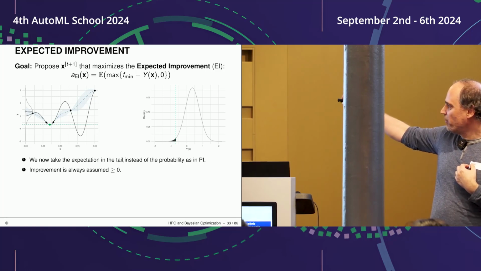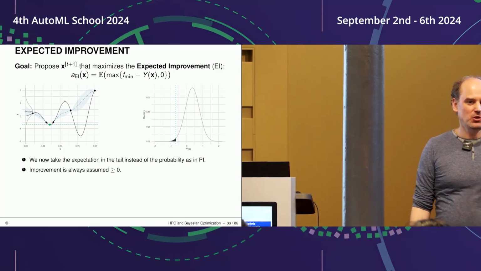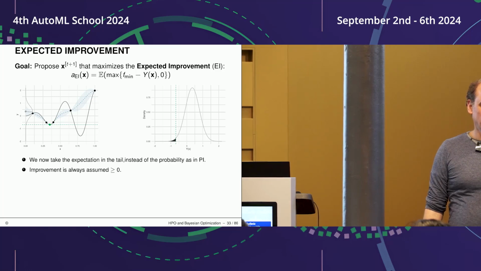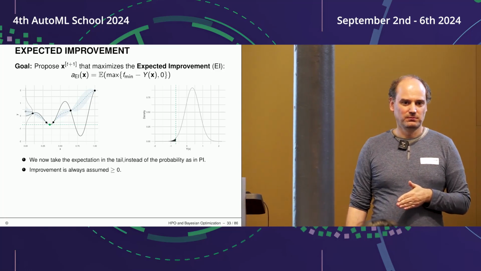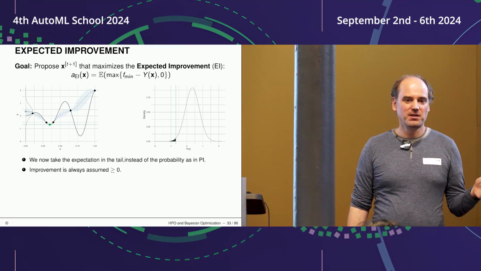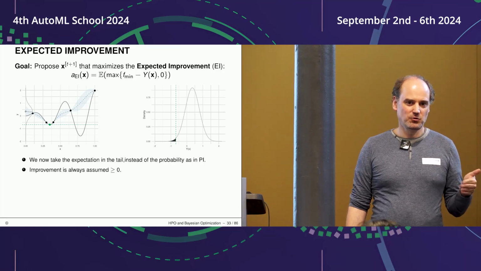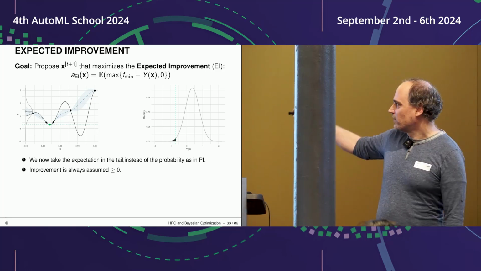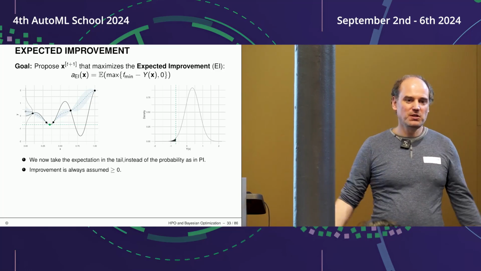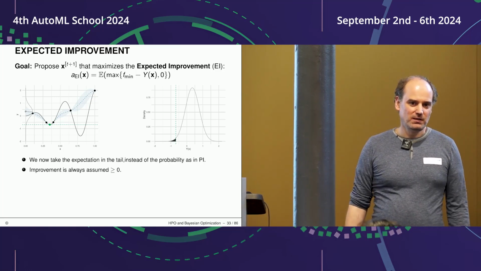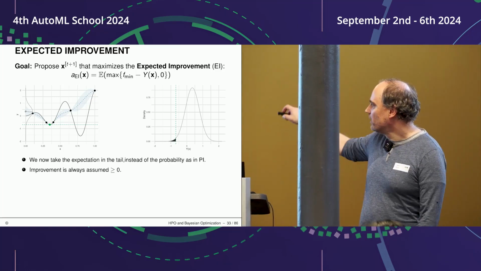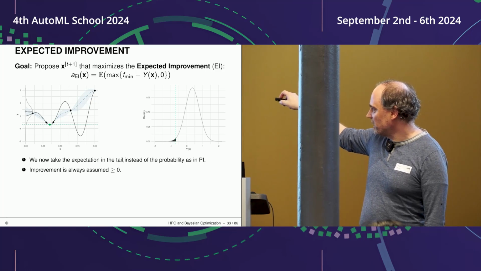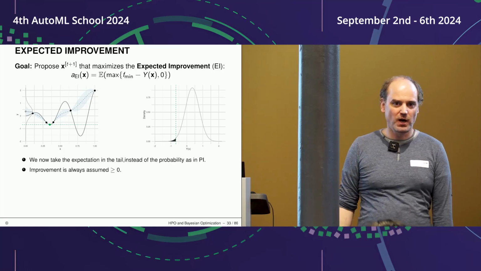So let's remove the max. What do we know about expectation? What is the expectation of a constant minus a random variable? Expectation is a linear operator, so I can draw this inside. And the expectation of a constant is a constant. So the expectation of this thing without the max becomes f min minus expectation of y.